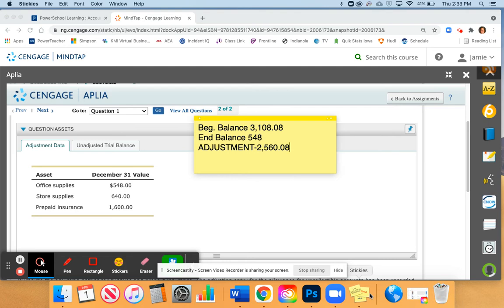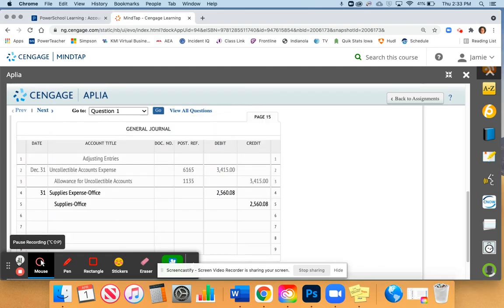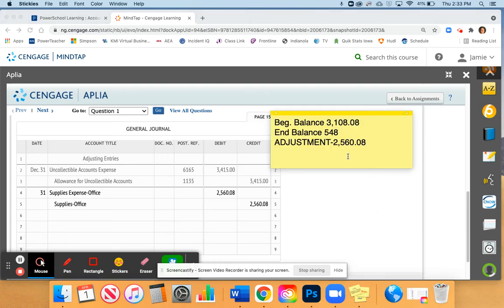Our ending balance from the instructions is $548. So we need to make an adjustment for $2,560.08. So our adjustment in our general journal, we debit our expense, credit supplies, using that amount that we calculated.